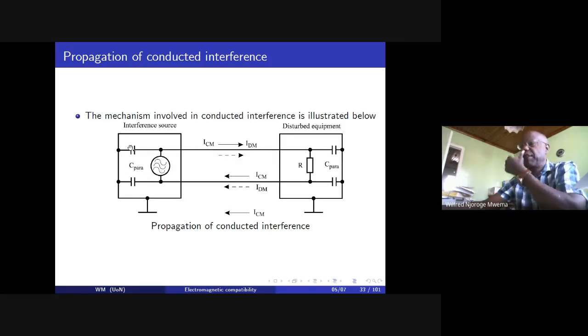Then we have parasitic capacitors between the generator, where the interference is coming from, and the disturbed element, which has its own casing as well and the same parasitic values. We represent that equipment with a load resistance R, which is usually the input impedance of that system. We have a common mode interference and also a differential mode interference there.